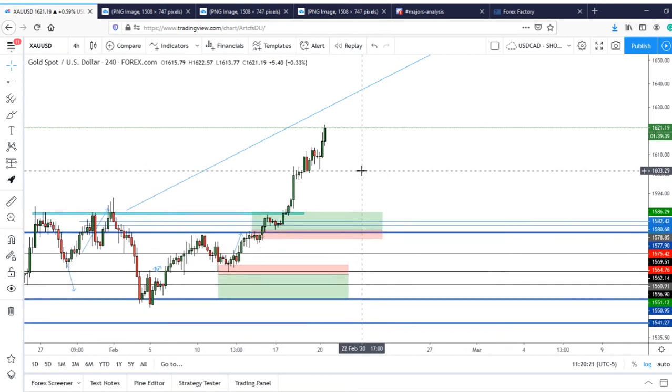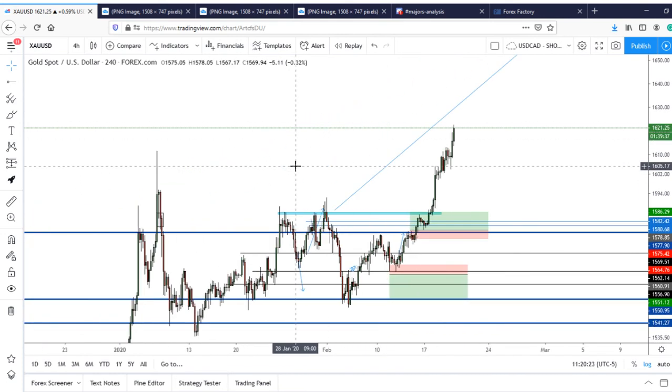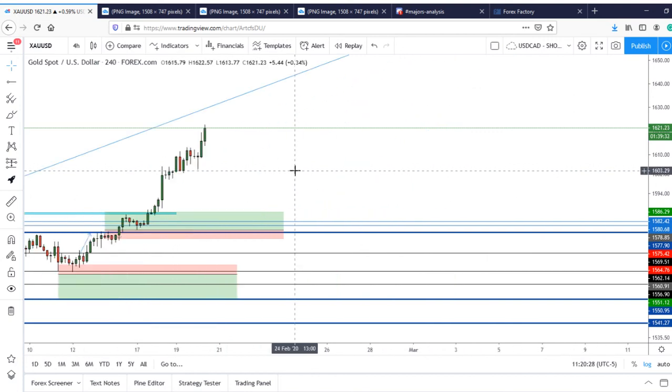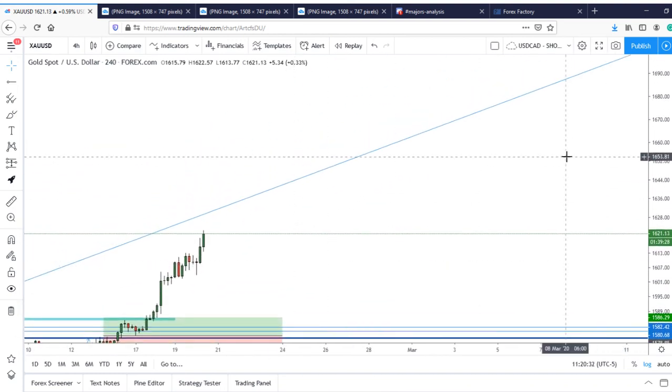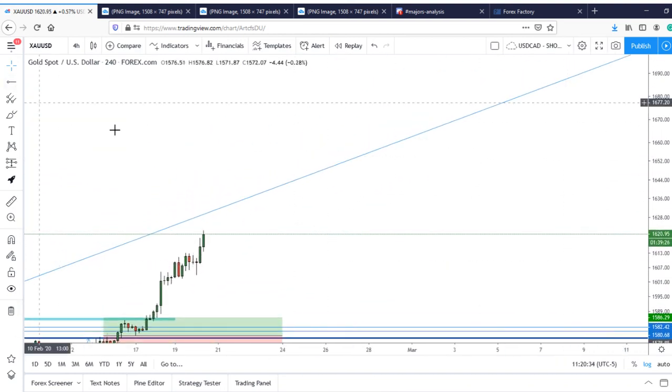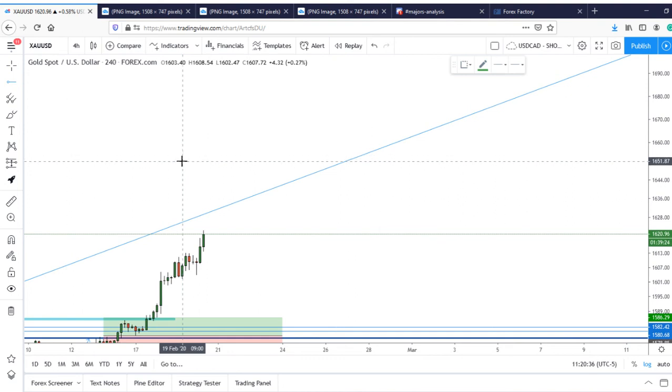I wish I could find some entries to go long. It's just too volatile right now, in my opinion. But if you're a swing trader and you want to put a small lot long, go ahead. I think the long setup I target is maybe 1650 next up.